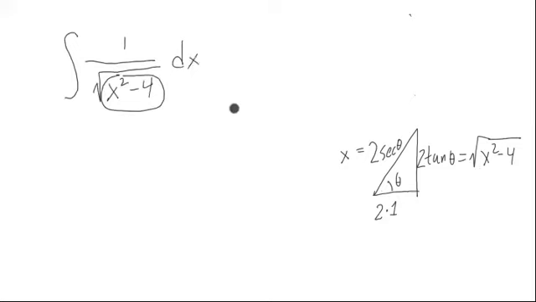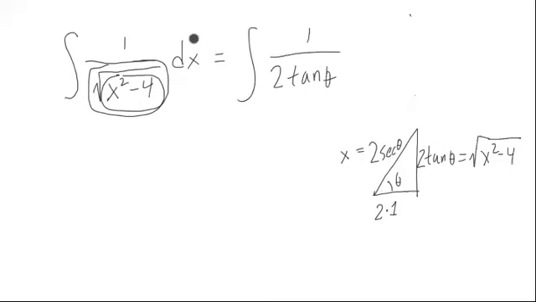So that means that this integral can naturally turn into, look, this part right here we can substitute with just 2 tangent theta. And then dx, we need to be able to substitute that. Well, we use the idea that x is equal to 2 secant theta.